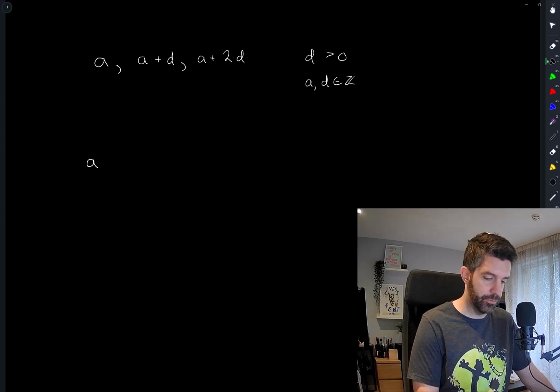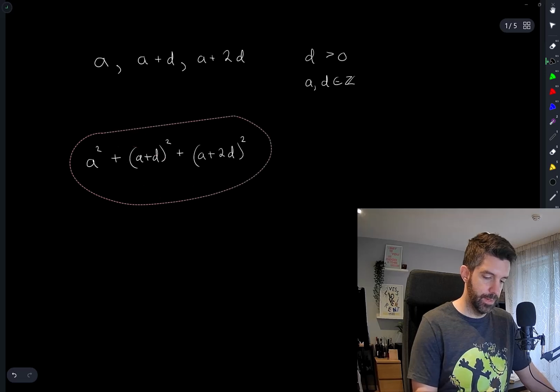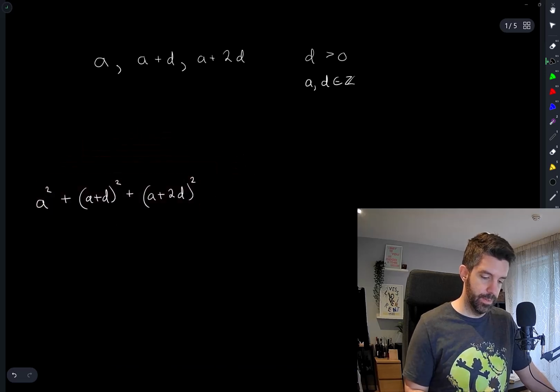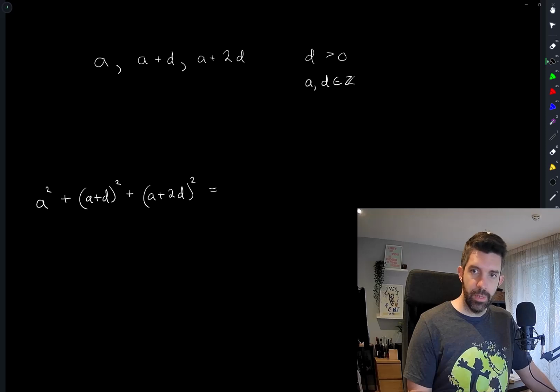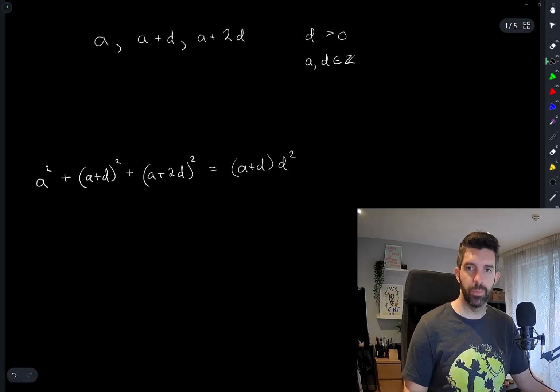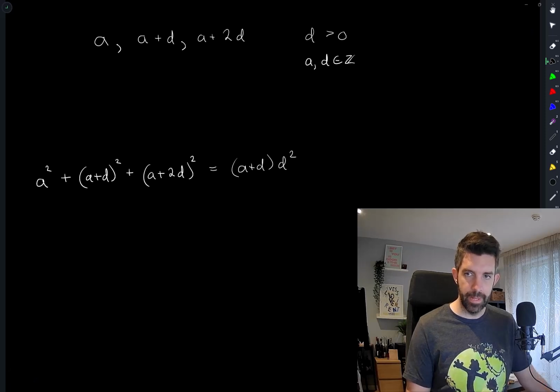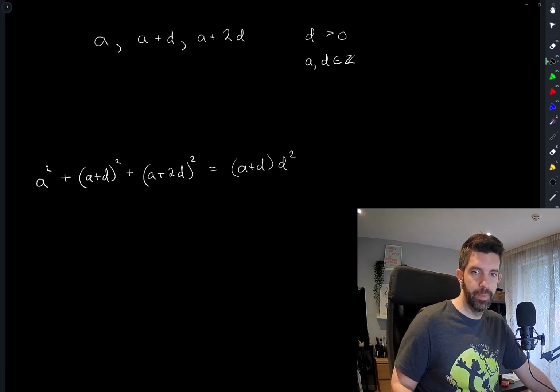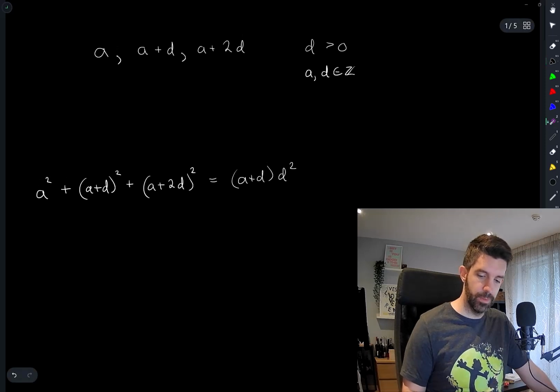So the sum of the squares of the three terms is that, and this has to be equal to the product of the middle term and the square of the common difference. If this is satisfied, then we call the sequence special, and we want to find the sum of the third terms of all special sequences.